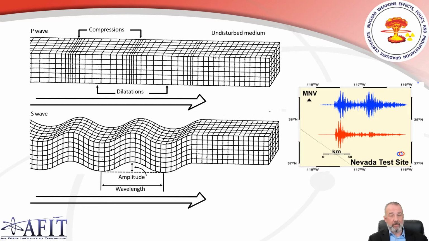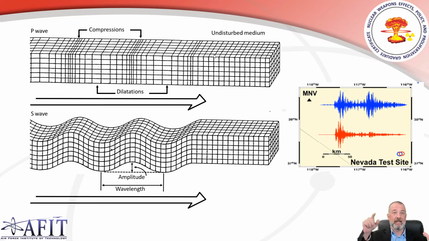Now, another way that the Earth can move is something called an S wave or shear wave. And this happens when we have a large displacement of Earth in a given direction or dimension, like in the y-axis, the x-axis, or the z-axis. Now, when this happens, basically it's like having a slinky, right?